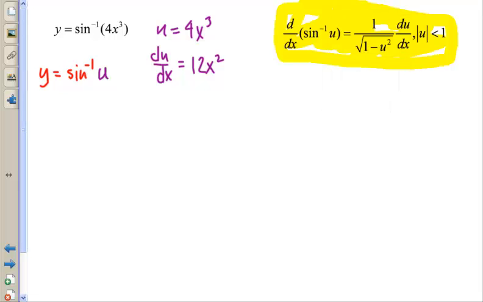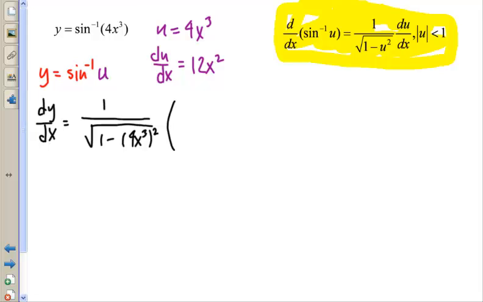So when I do that, I'm going to end up with dy dx equals 1 over the square root of 1 minus u squared. Well, u squared in this case is going to be 4x cubed squared, times du dx, which is 12x squared. So go ahead and clean this up just a little bit.